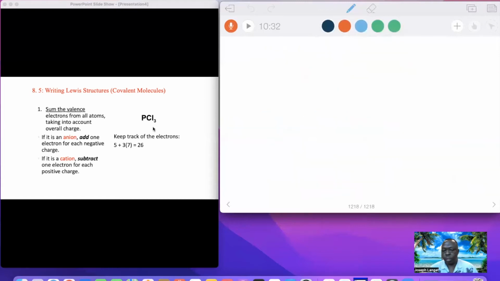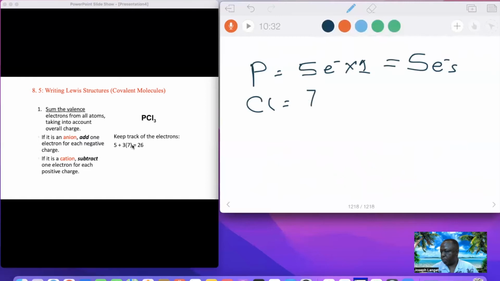The way you do it is, we have phosphorus, which is in group 5A. So this is 5 times 1, we have 1 phosphorus, therefore 5 electrons. Chlorine is in group 7A, 7 valence electrons times 3.